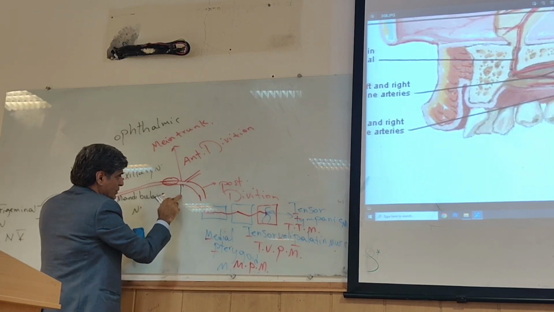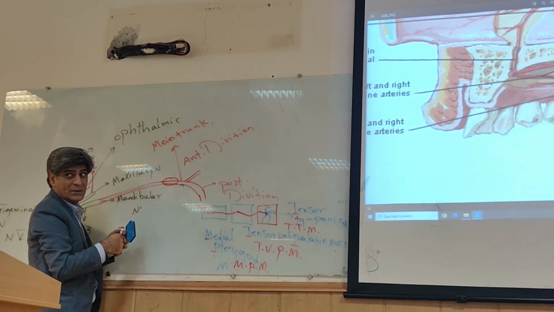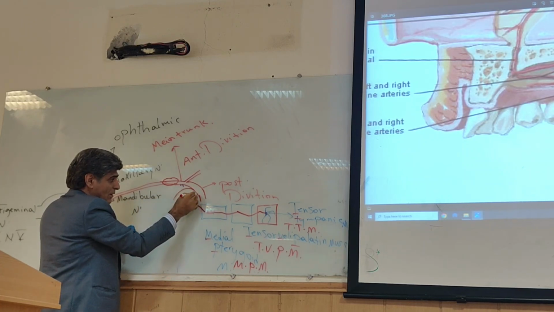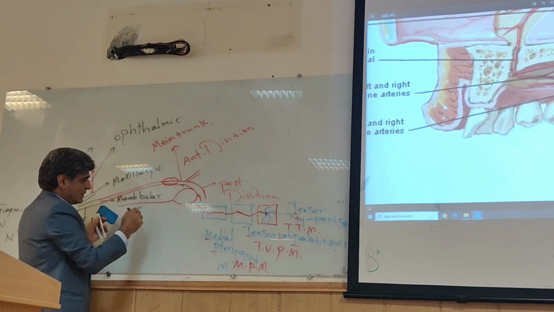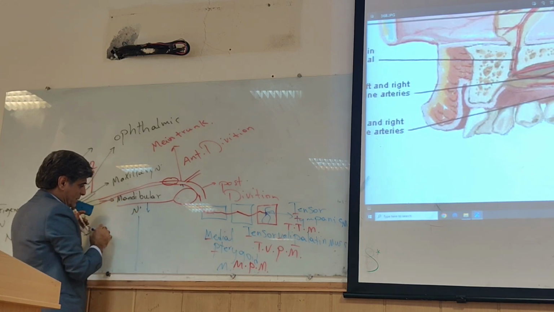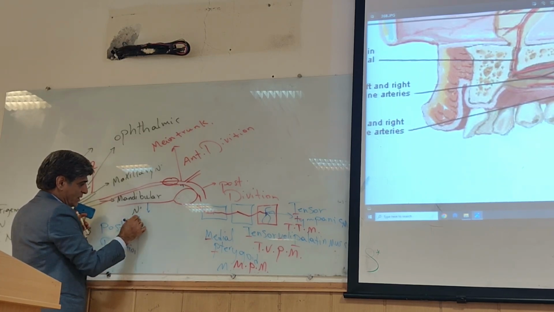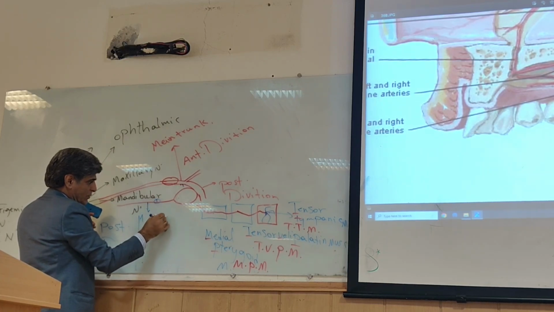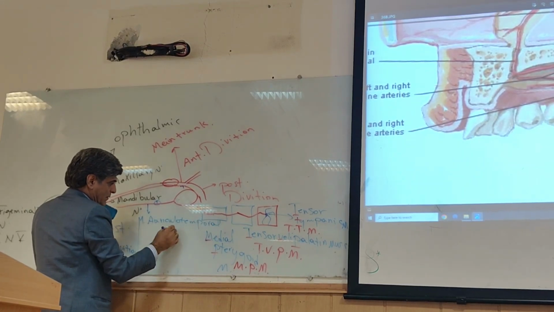One branch is the auriculotemporal. The auriculotemporal has two roots, an upper root and a lower root, communicating and forming the auriculotemporal nerve.